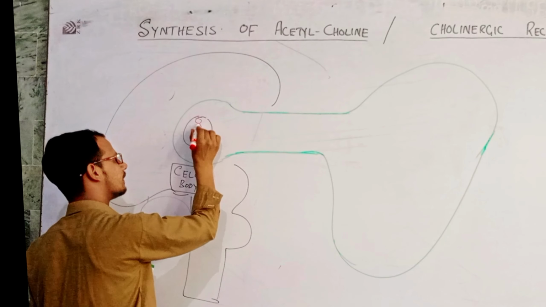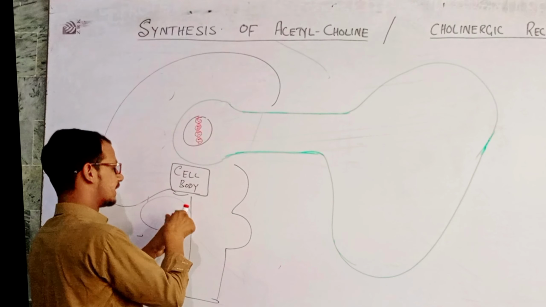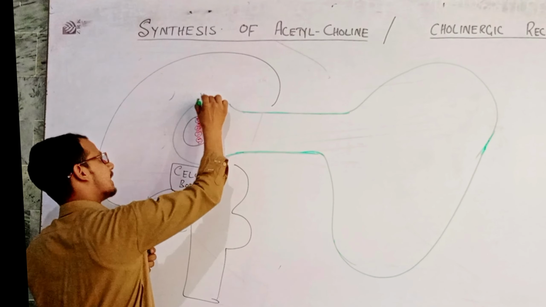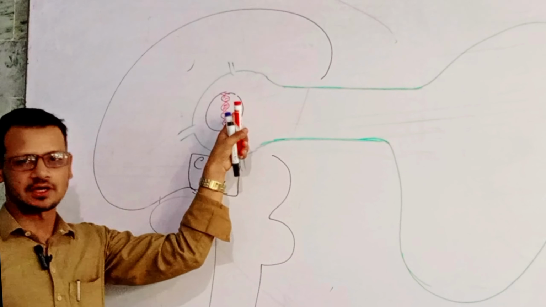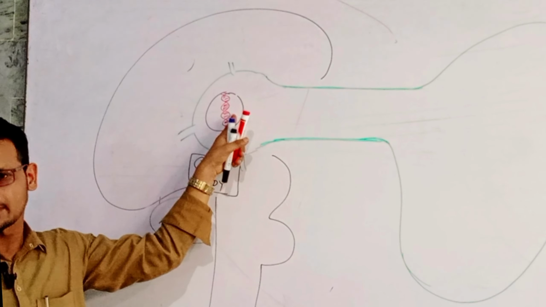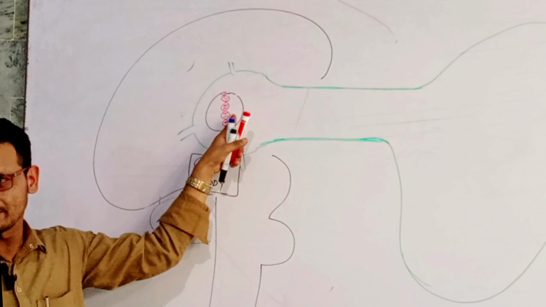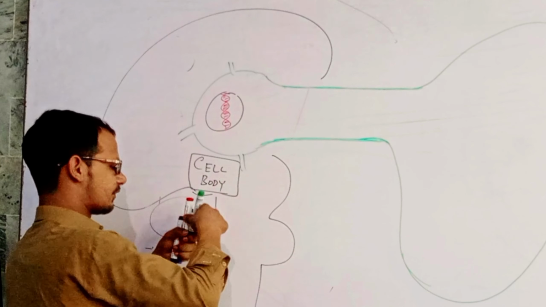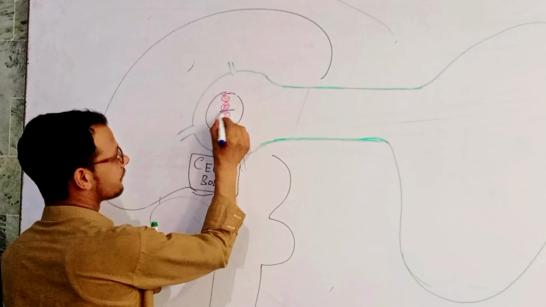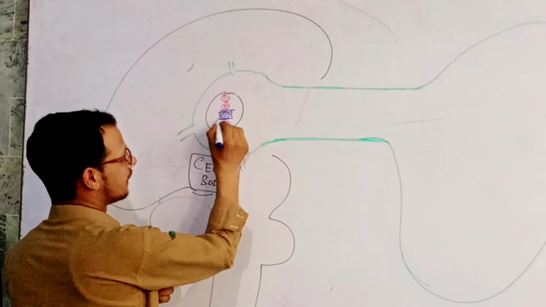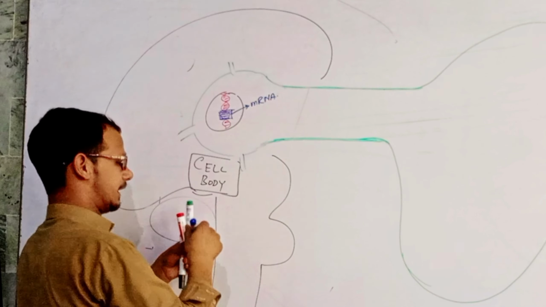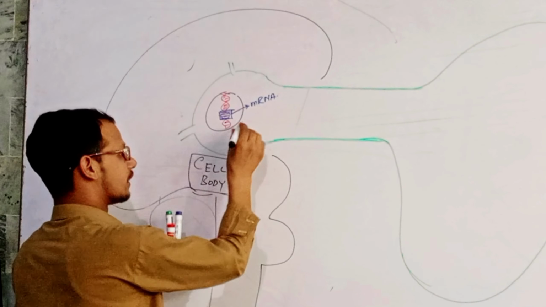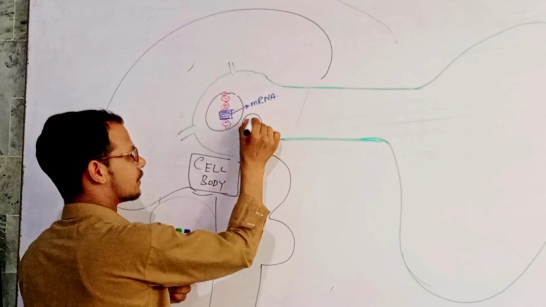And here we have DNA. And upon stimulation, when this neuron is stimulated, some of the genes which are responsible for the formation of the vesicles, not acetylcholine, the neurotransmitter vesicles, are expressed. For example, these genes express into messenger RNA, and in the cell body we have a lot of ribosomes.